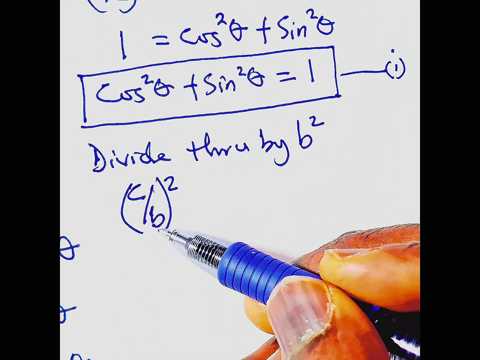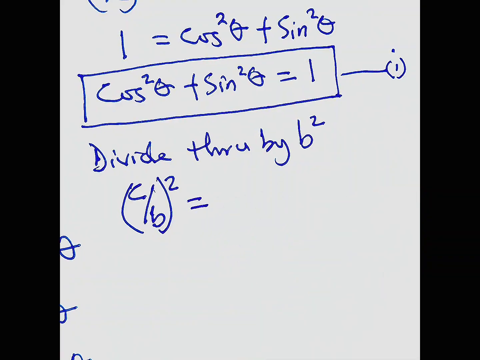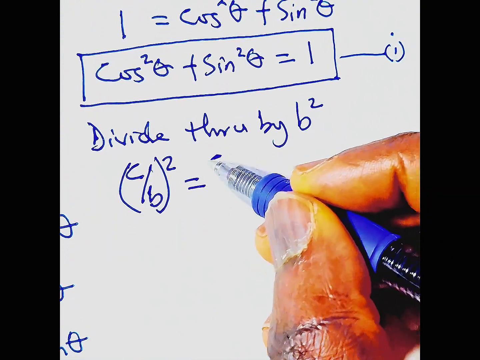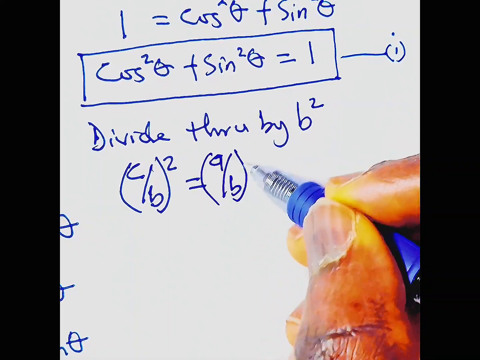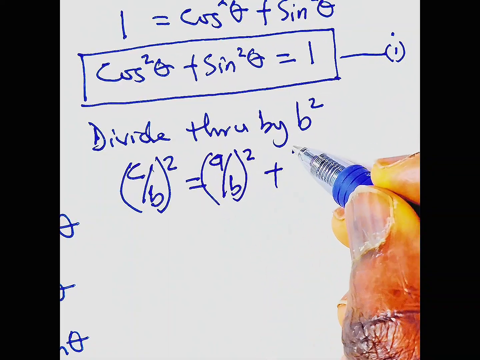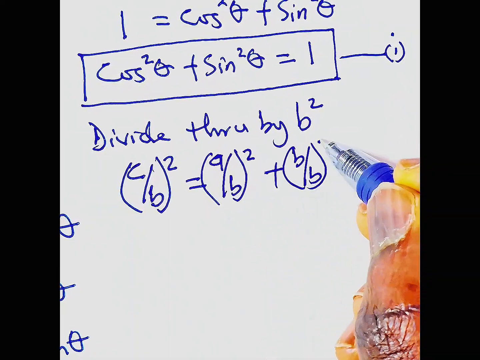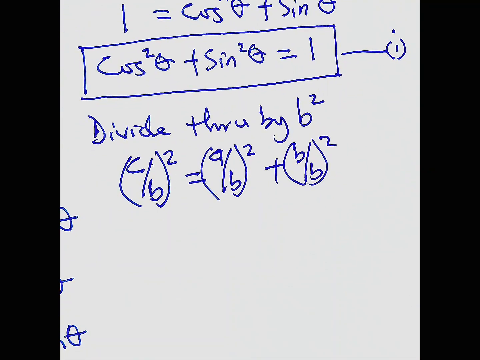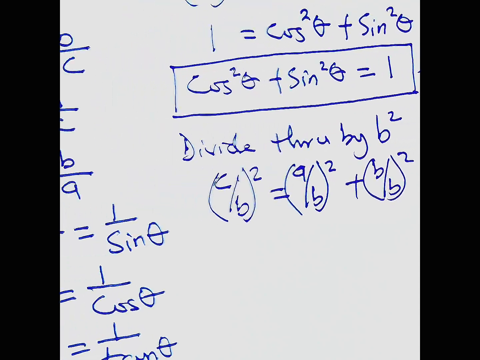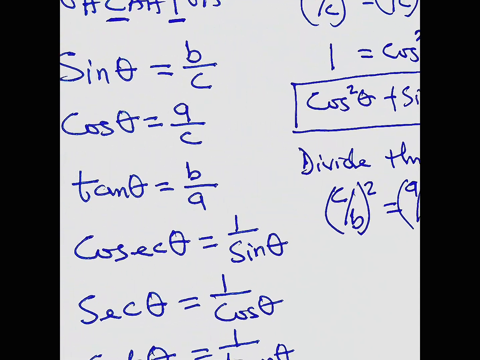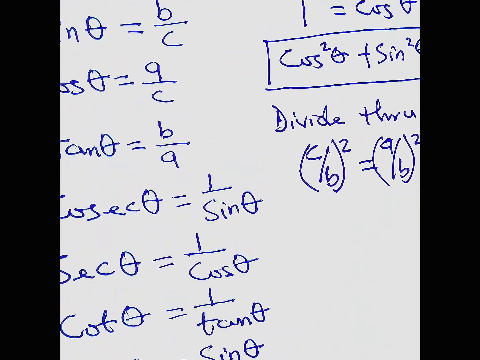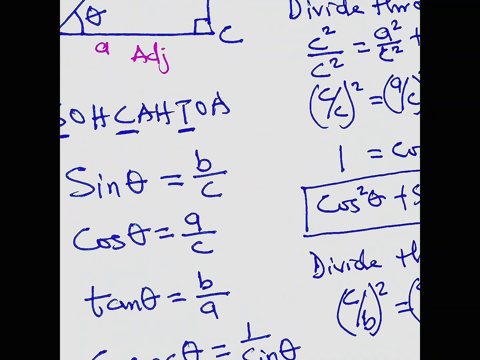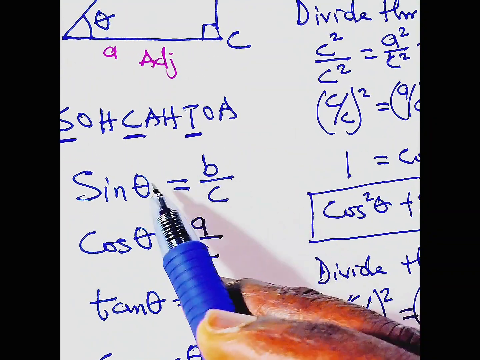That's why I'm saying c over b squared will now equal a over b squared plus b over b squared. So in that way, we know that c over b looks like it's coming from the sine theta.